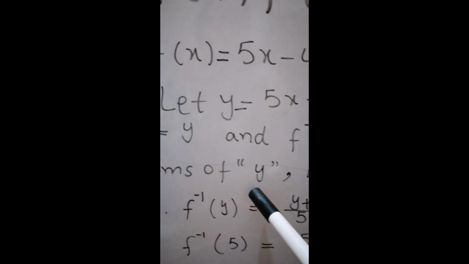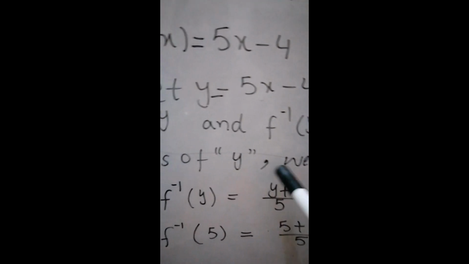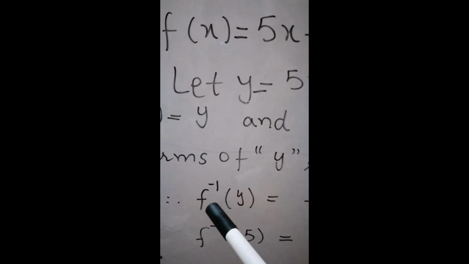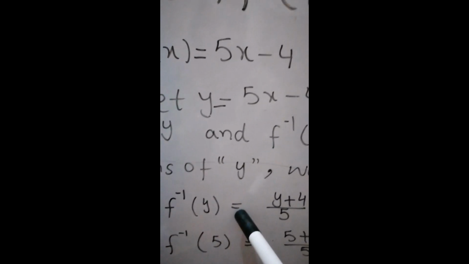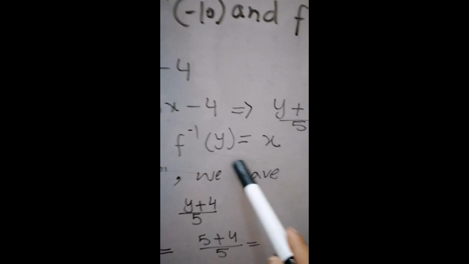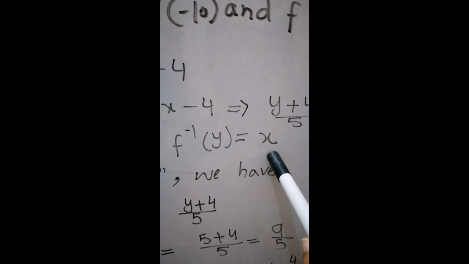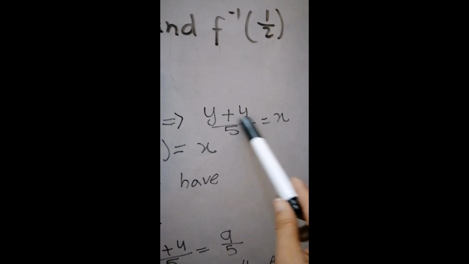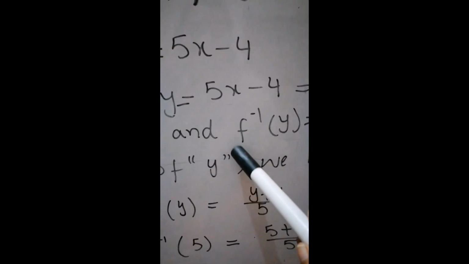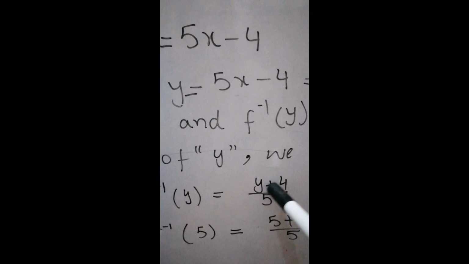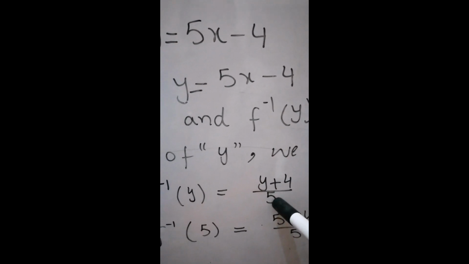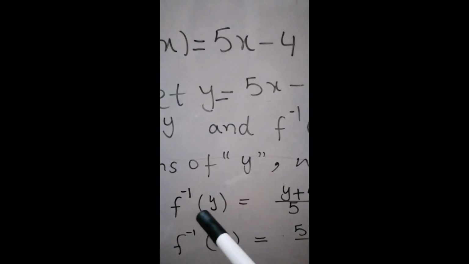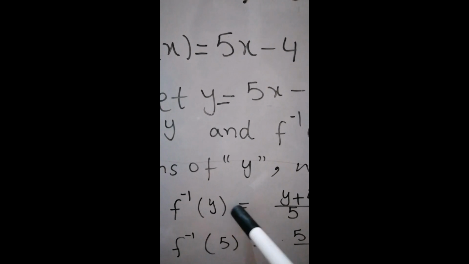So first of all we will write the whole question in terms of y. What we will get, f inverse of y equals x, and we found the value in the above equation that x is y plus 4 over 5. So simply we will write here y plus 4 over 5. This is the requirement, the inverse function of y.